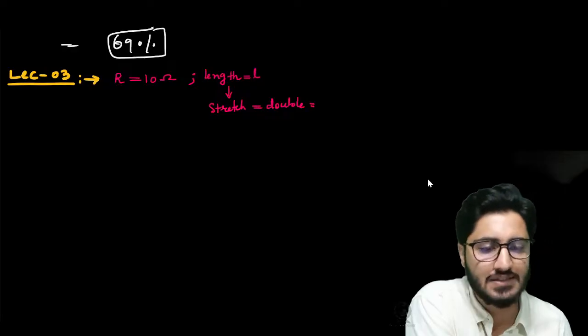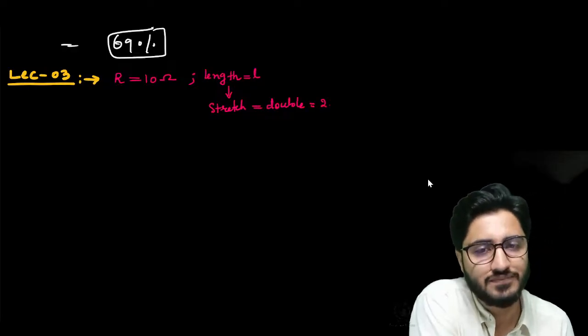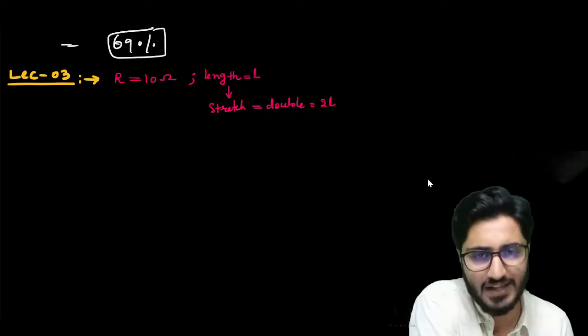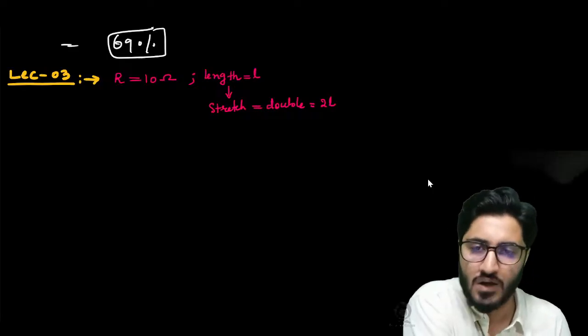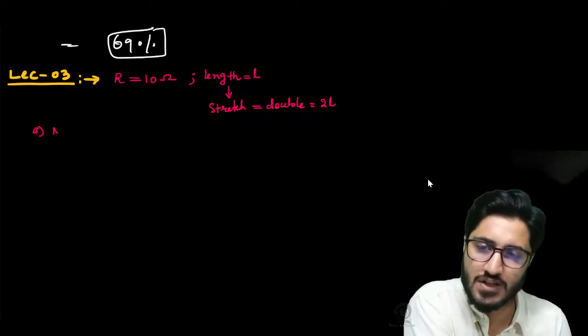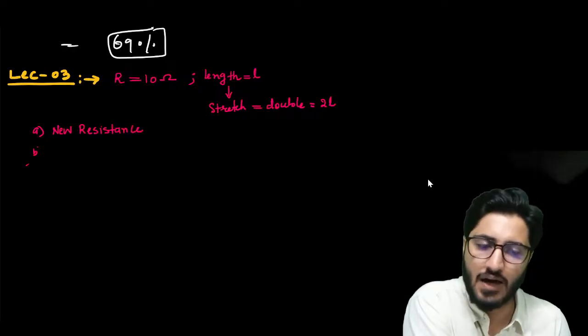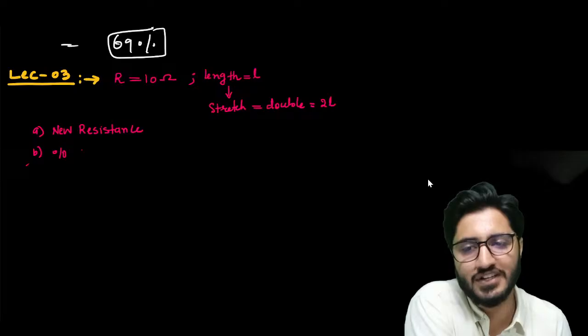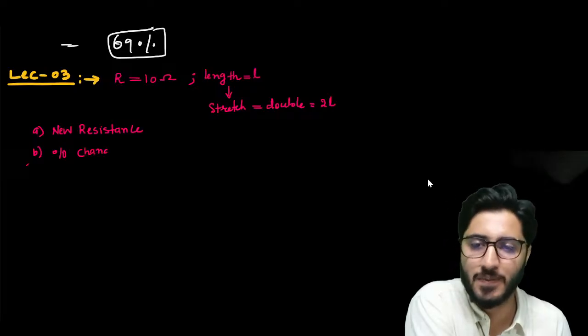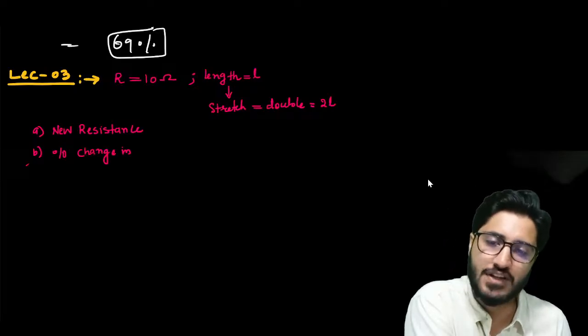Double length simply indicates 2L. We have to find two things. First, what will be the new resistance? Second, we need to find the percentage change in resistance.